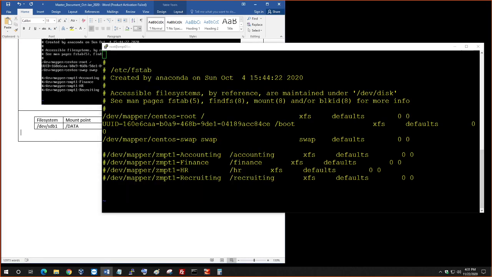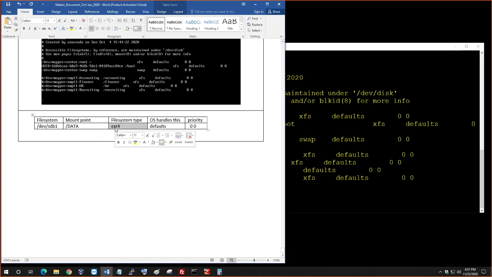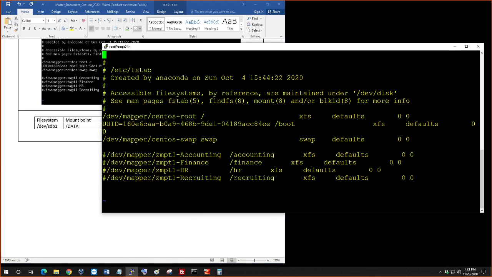So what happens here is, if you look at this, this part is the file system, and this part is the mount point. And this part is the file system type actually. Is it XFS, swap or ext4?